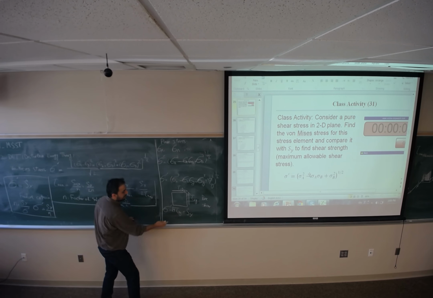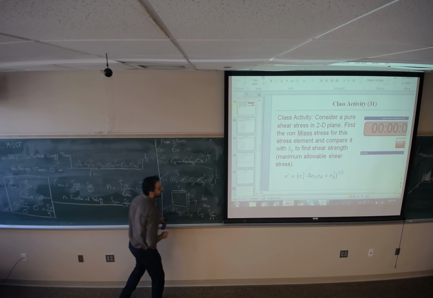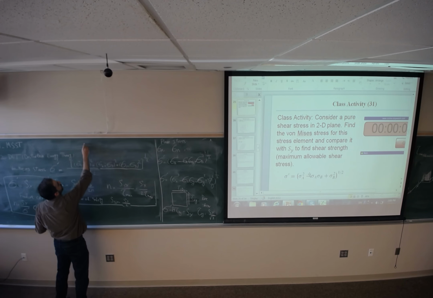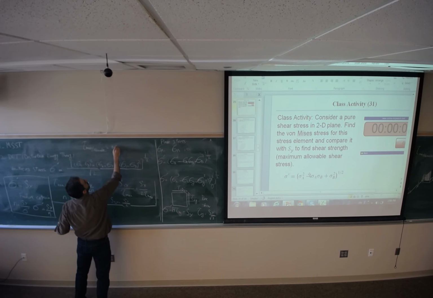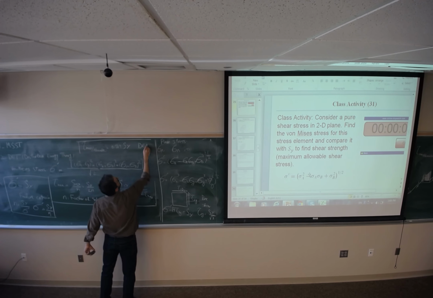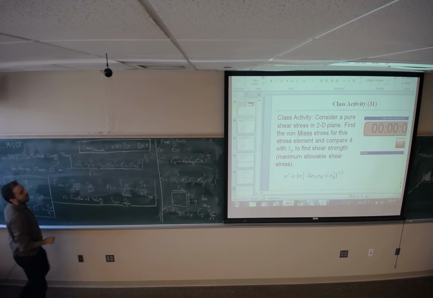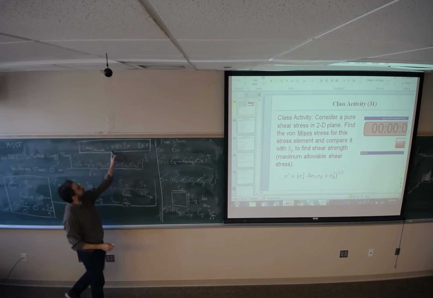So the maximum shear stress that you are allowed is Sy divided by the square root of 3. So tau max is 0.577 Sy based on distortion energy theory. 1 over the square root of 3 is 0.577.